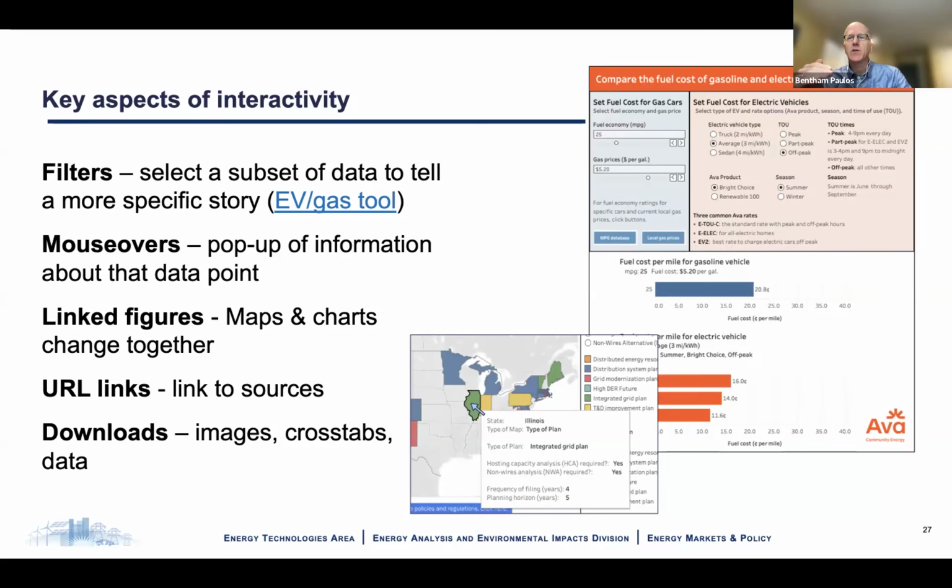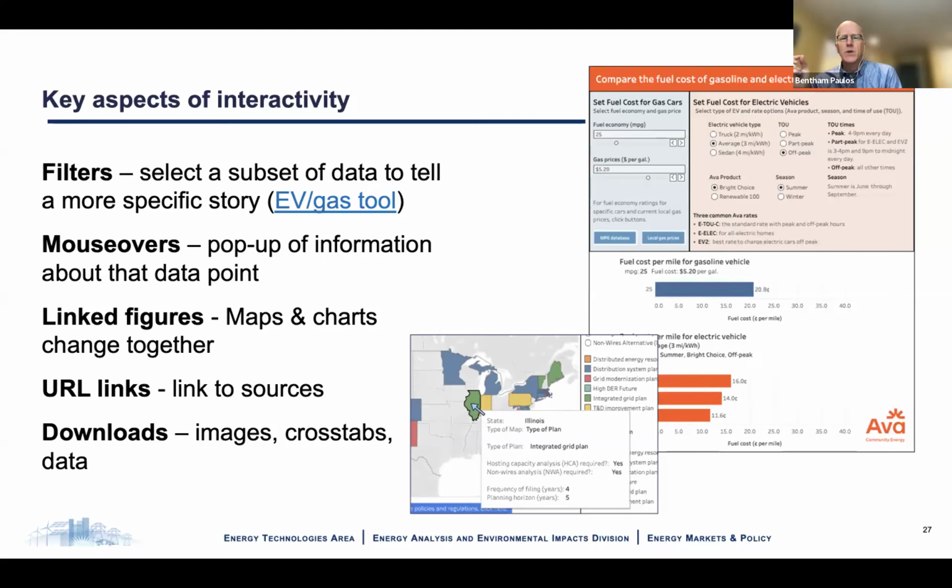You pick the type of vehicle, the time of your charging, because we built in Ava's electricity rates, and they have TOU rates, time of use rates. They also have seasonal rates, summer and winter, and they have different products. Bright Choice and Renewable 100 are the regular and the all renewable product. And all of those have different electricity rates.